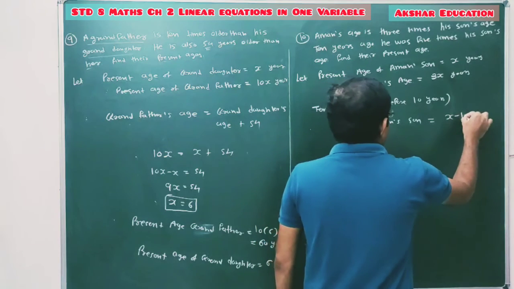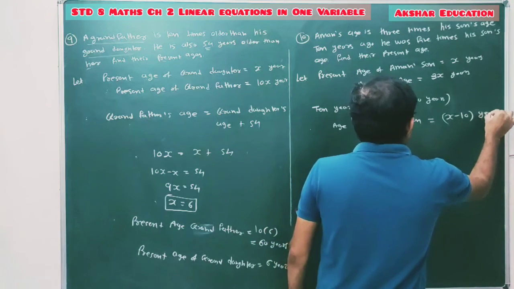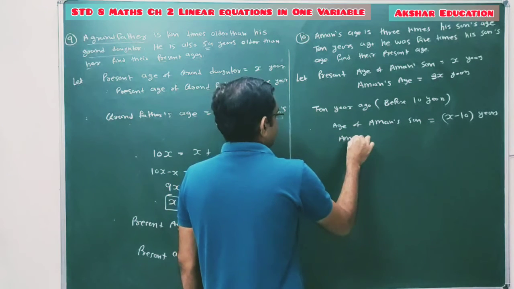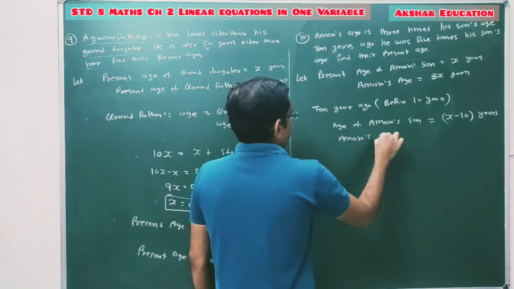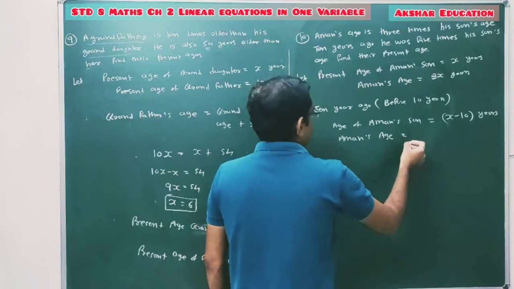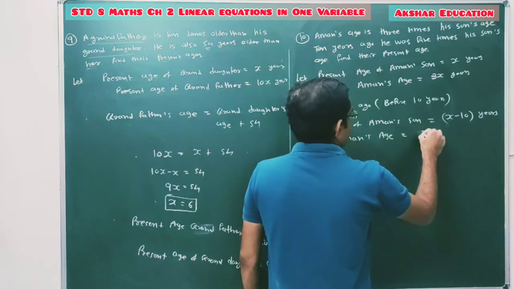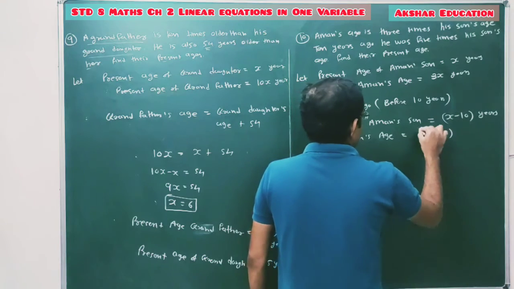So it will be x minus 10 years. And अमन की एज भी 10 years कम होगी, so it will be 3x minus 10 years.